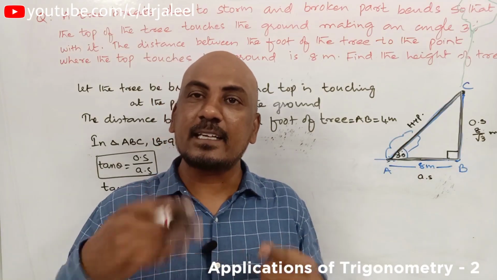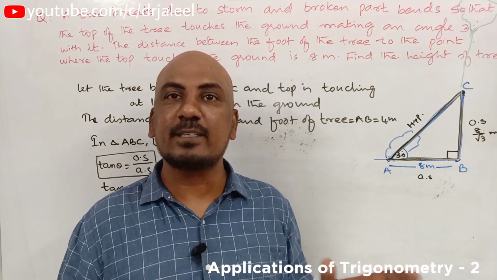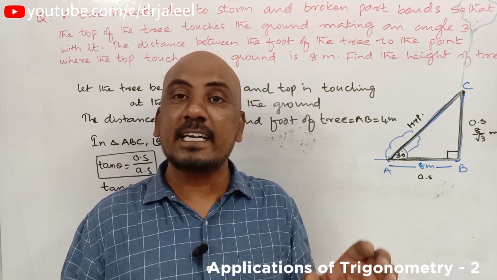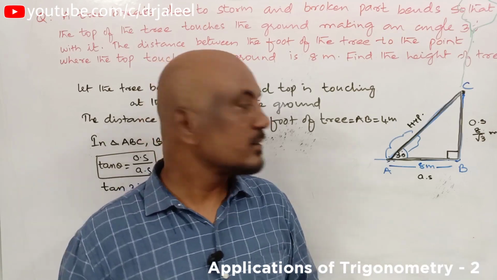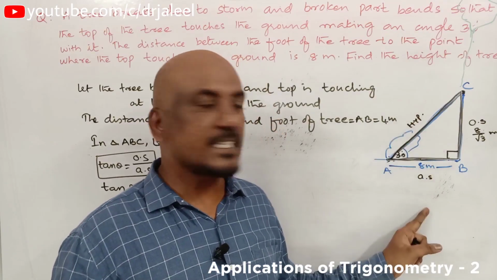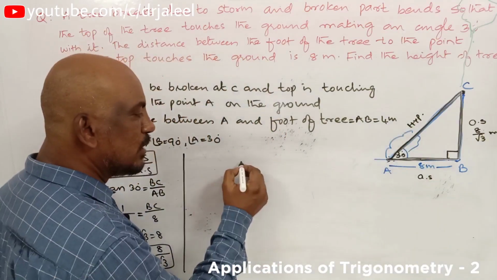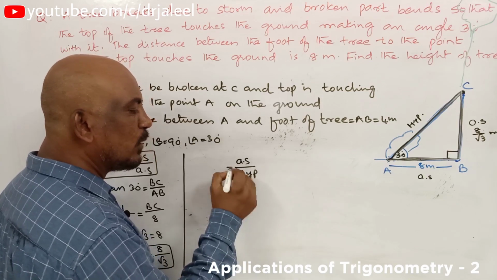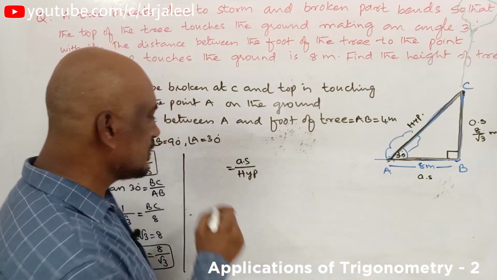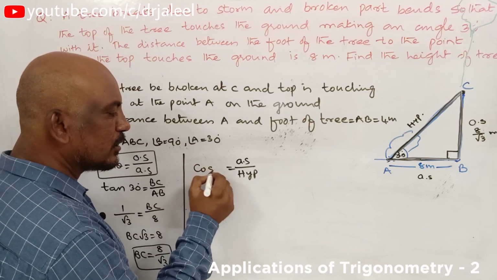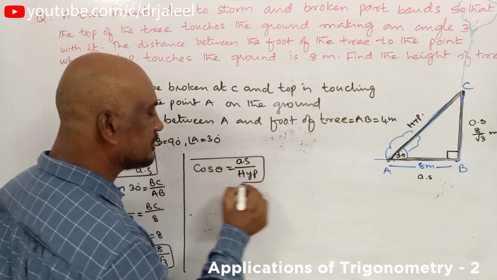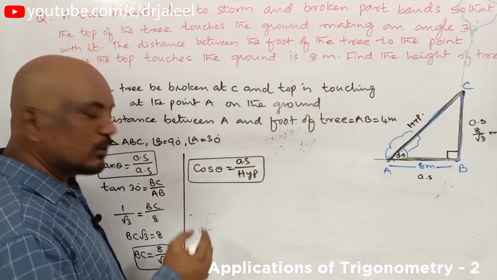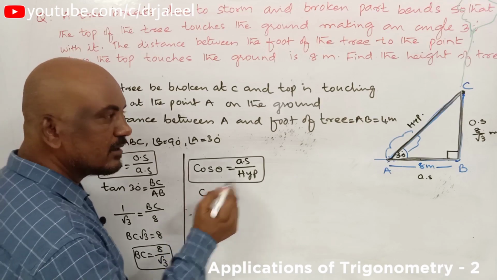So you need to calculate everything. In the examination, you need to save your time and you need to see that you are getting an error-free solution. So we will take this better. Adjacent by hypotenuse. So tell me, what is this ratio adjacent by hypotenuse? It is nothing but cos theta. Now what is theta?